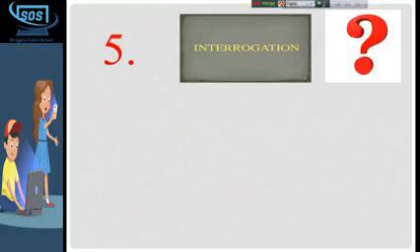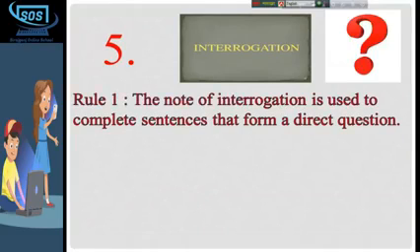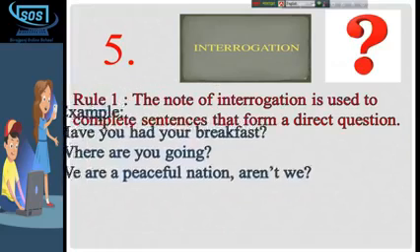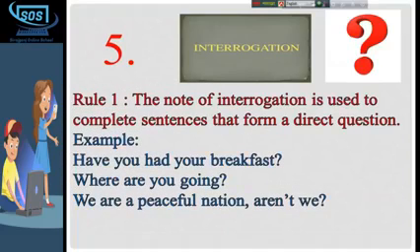This is the note of interrogation. The interrogation mark is used to complete a sentence that is a direct question. In the case of an interrogative sentence, we use the note of interrogation or question mark.